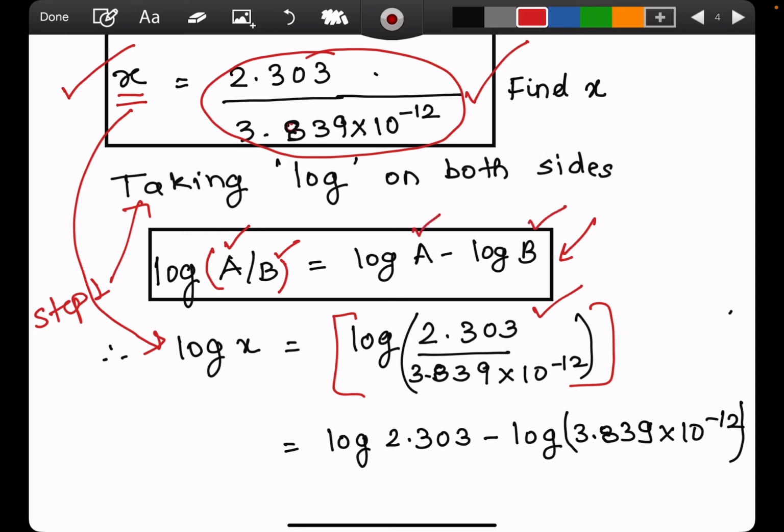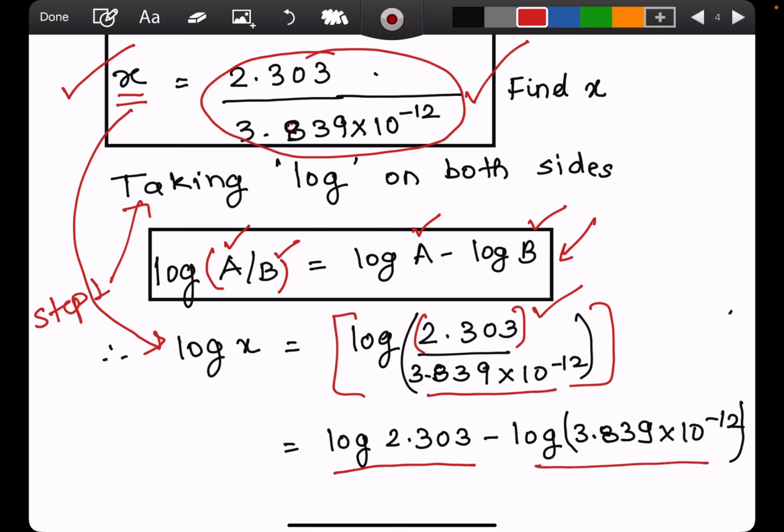You need to remember that if you have two terms, one in the numerator and other in the denominator, and you take log, then it is equivalent to log of the numerator minus log of the denominator. Using this concept, your a term is 2.303, so I have written this as log a, and the denominator is this, so this is log b.